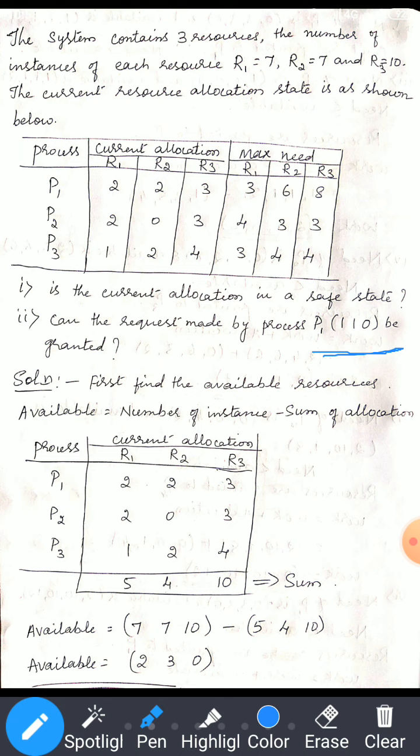So for the process P1, the request 110 cannot be granted immediately, because if we grant it, the system will lead into the unsafe state or the deadlock state, and hence the resources cannot be granted immediately to the requested process P1.